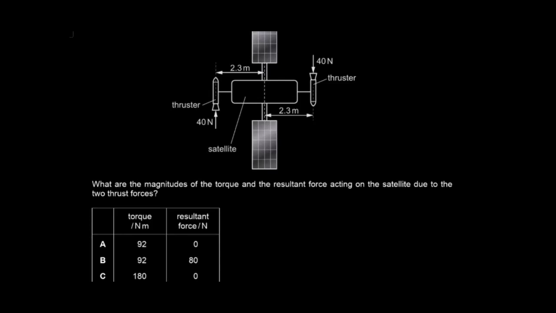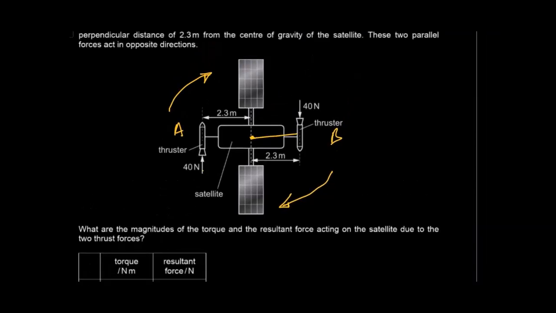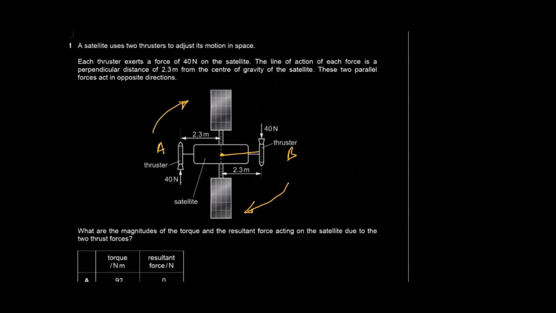So there are two thrust forces of 40 newtons. Let's say this is A and B. Thruster A tries to move the satellite in this direction, and thruster B is trying to move in this direction. Moment is force into the perpendicular distance. Since the two moments are in the same direction, in the clockwise direction, we can add the two moments.